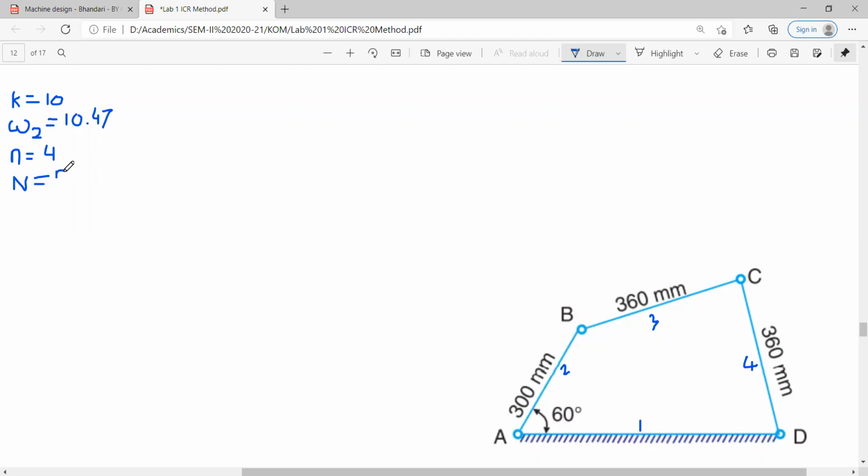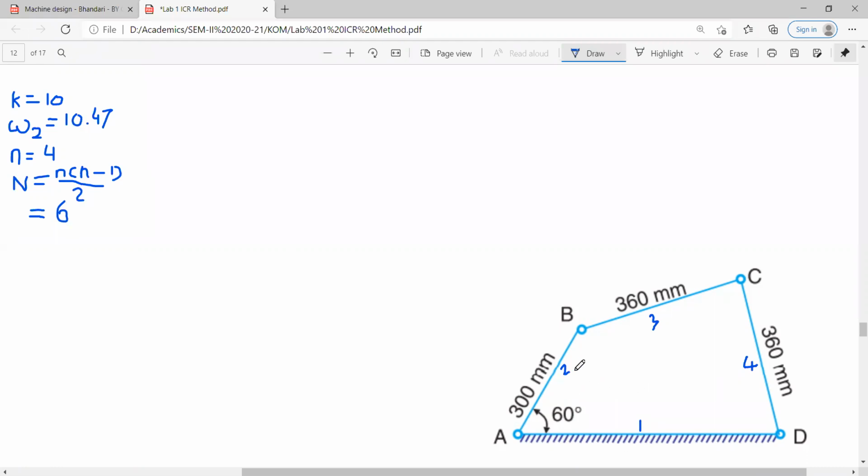It is small n in bracket n minus 1 upon 2. Using this relationship, we found that the number of ICRs is equal to 6. Now our next job is to locate the ICRs for different links. So 6 ICRs are possible here.